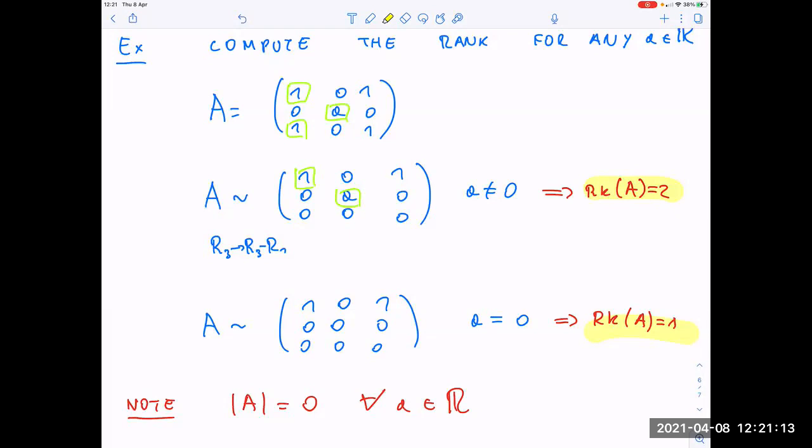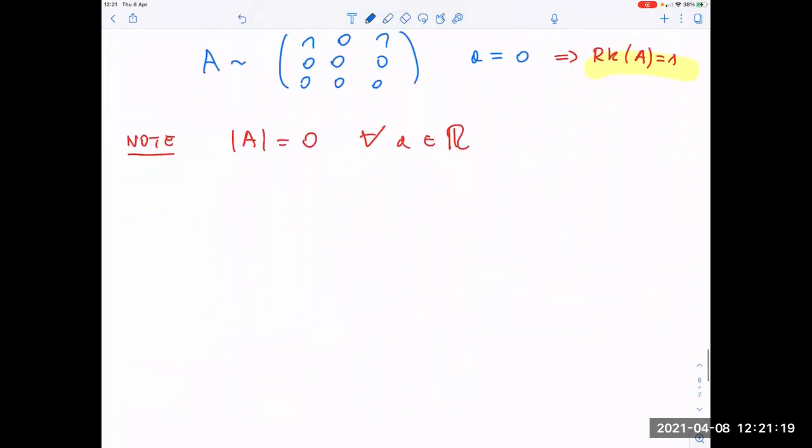Let's just take a look at another of these exercises with parameters. So we practice that once more. So now we have a new matrix. Here it is, 1, 0, A, 0, 1, 0, A, 0, 1.